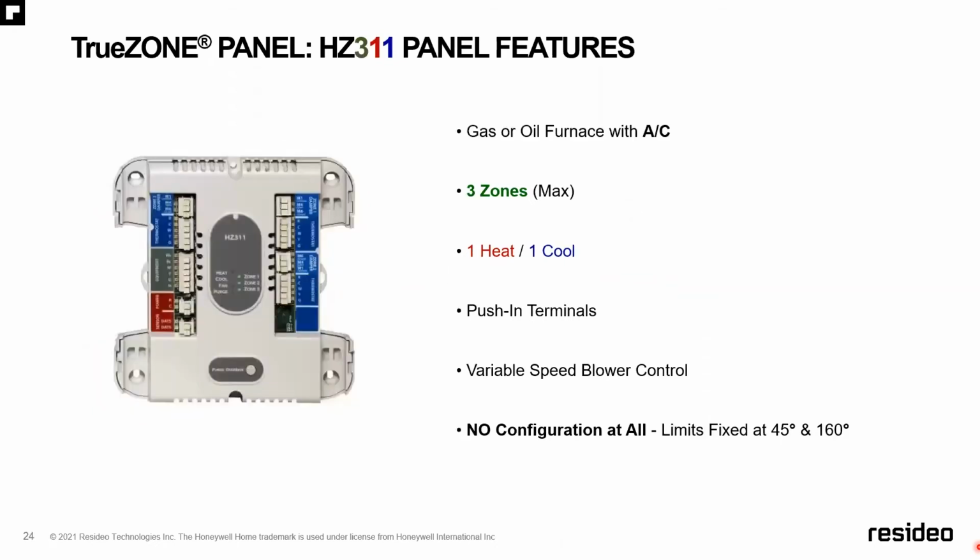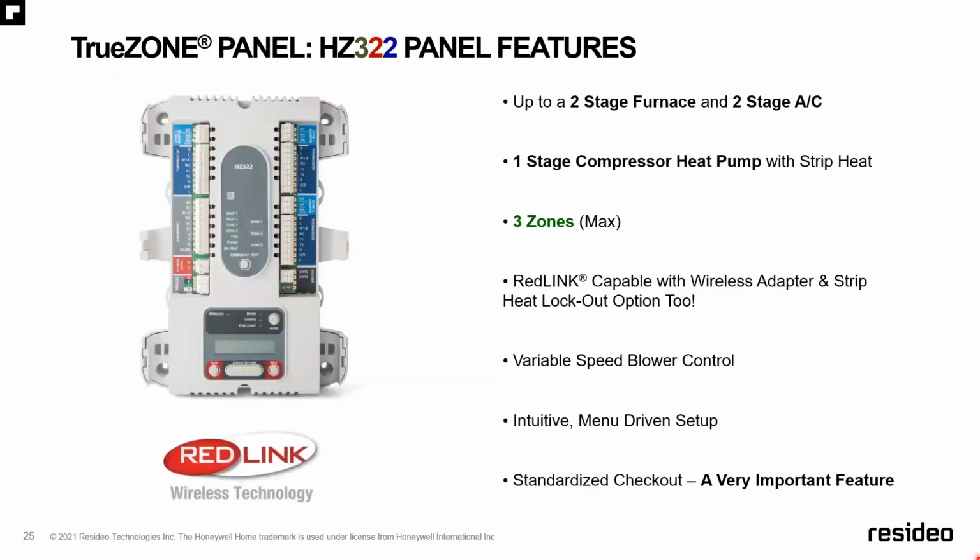Okay, and so for our basic 1 heat, 1 cool for gas or oil furnaces with AC systems, 3 zones, 311. You've got the push terminals, but please, once again, remember that you've got fixed limits that you're going to have to contend with on that particular panel.